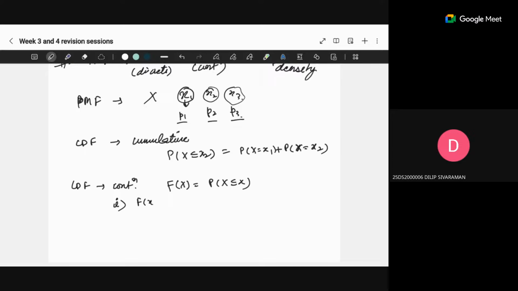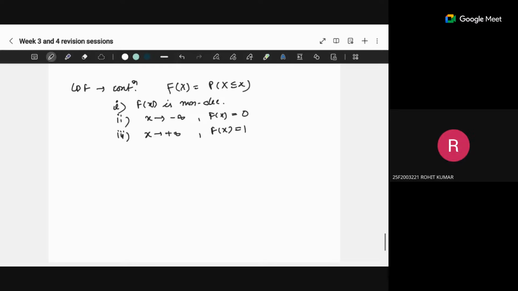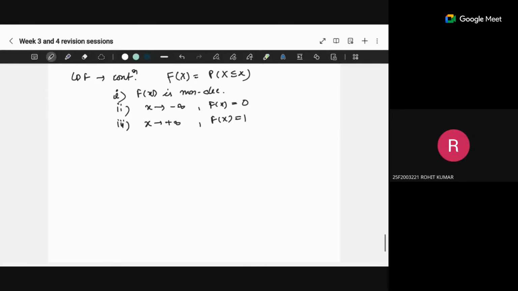First, Fx is non-decreasing. Second, if x tends to minus infinity, then Fx is 0. Then if x tends to positive infinity, Fx is 1.